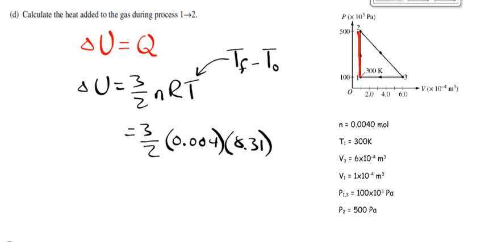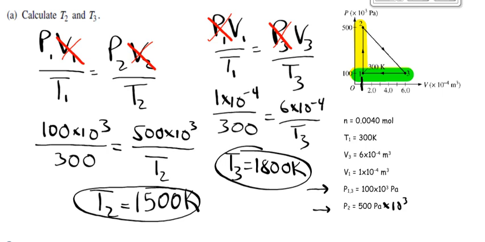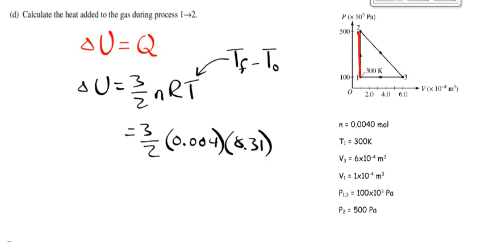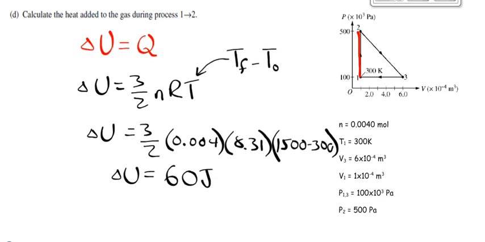We found from part A that the temperature at 2 was 1500. So this becomes final, which is 1500 minus 300. Once you plug all that into your calculator, you should find you get 60 joules.